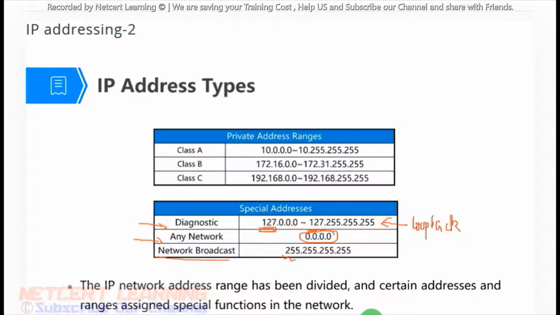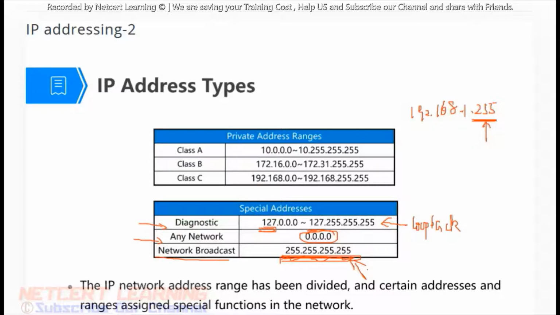And then there is the broadcast address. These broadcast addresses are all ones. Previously we used such an address, 192.168.1.255. The host part of this address is all ones. This is also a broadcast. And 255.255.255.255, all 32 bits all ones, is also a broadcast. This broadcast we call local network broadcast.